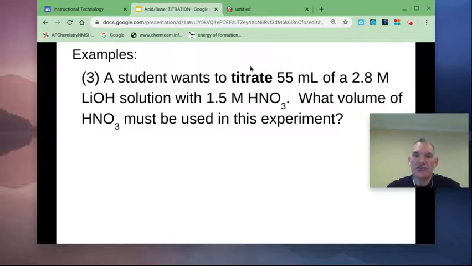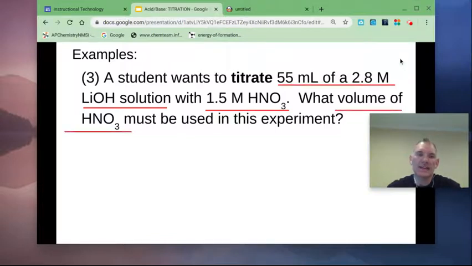It says titrate, so I know I'm doing titration. I'm going to underline my key things: 55 milliliters of a 2.8 molar LiOH solution, and I'm using 1.5 molar HNO3. This time the question's a little bit different. It says, what volume of HNO3 must be used? So I'm not looking for an M, I'm looking for a V.